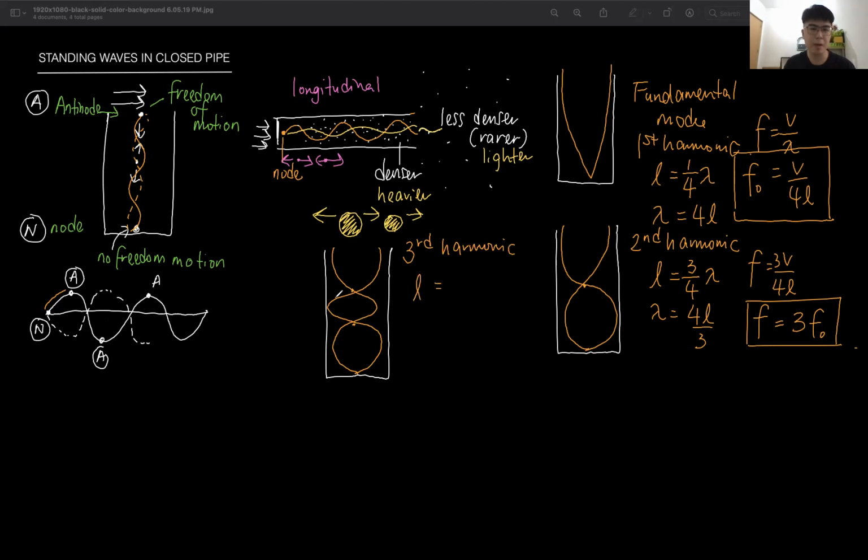Length equals, how many lambda is this? One cycle is until here, and this is a quarter of a cycle. So this is 1, right? So 4 over 4 plus 1 over 4, we get 5 over 4.